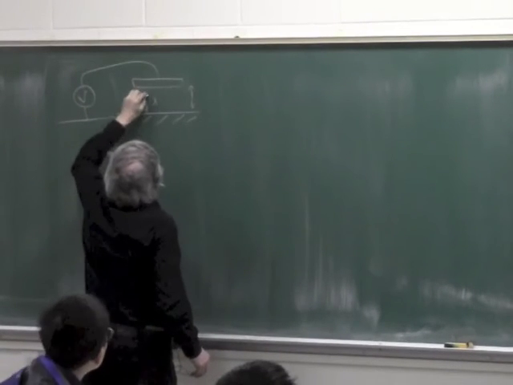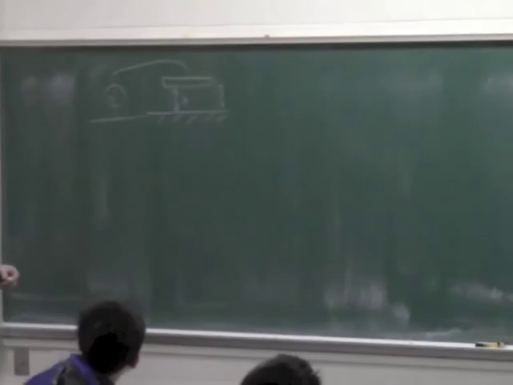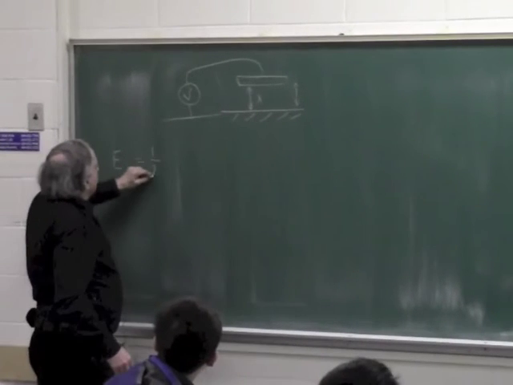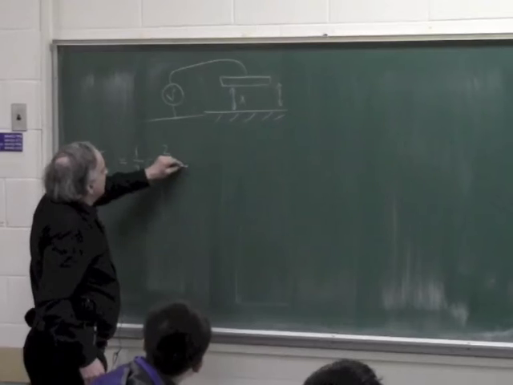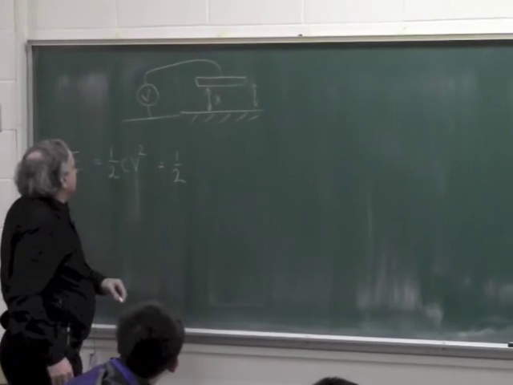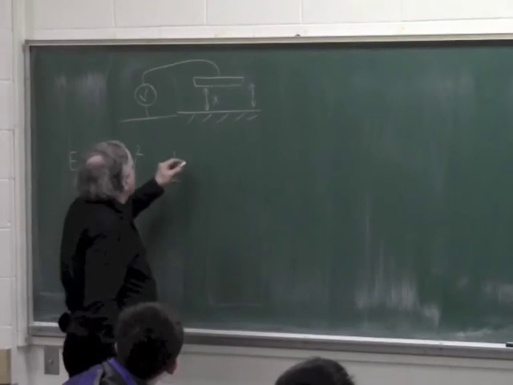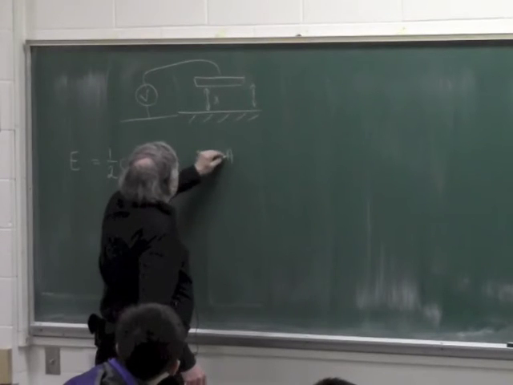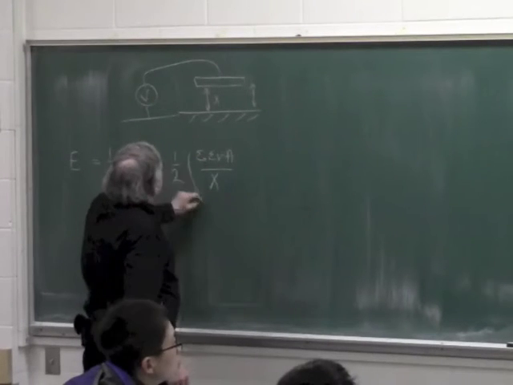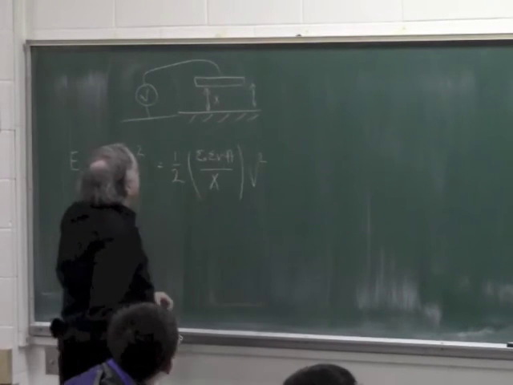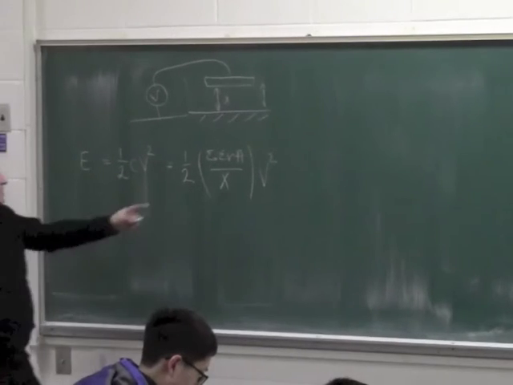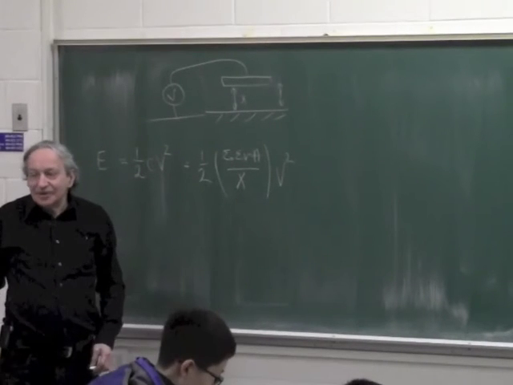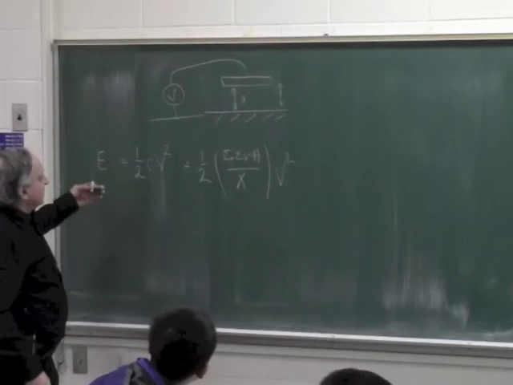The distance is x. Now this derivation is much faster because energy is 1/2 CV squared. We already started this last week. C we already know is epsilon 0 epsilon r A over x, times V squared. In most cases epsilon r is 1 because it's in air. So we take the derivative of it.